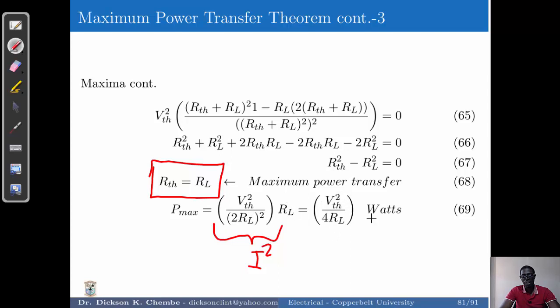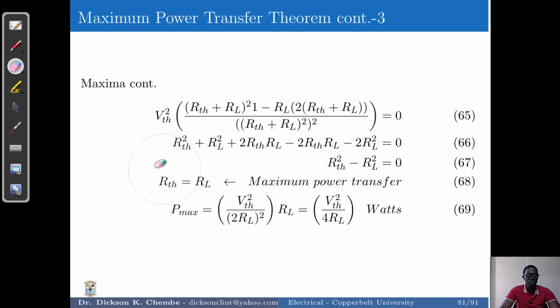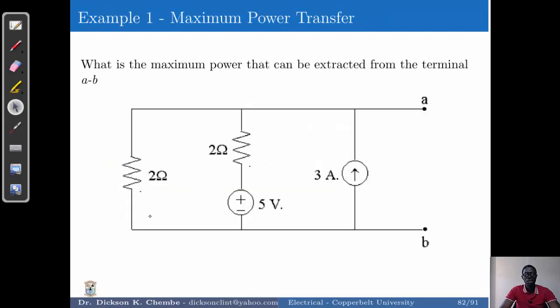The RL cancels out and you remain with V Thevenin squared over 4RL watts. This is how we get the maximum power transfer. Now, let's look at one example and maybe another example, and see what happens.